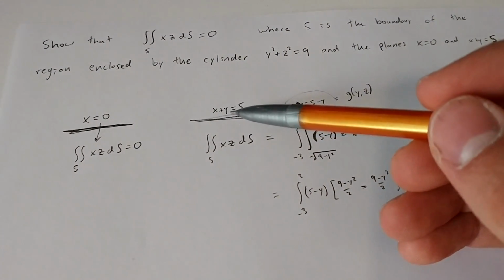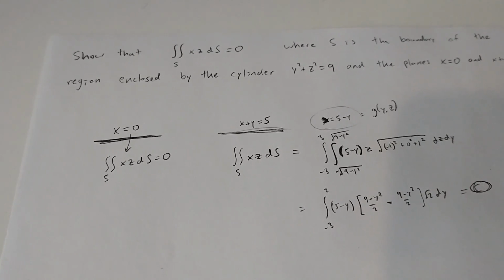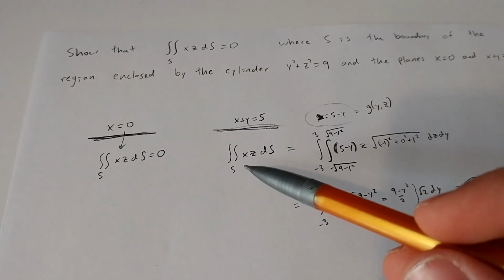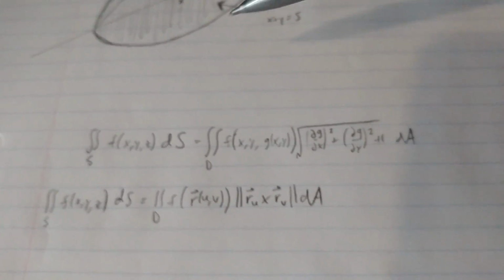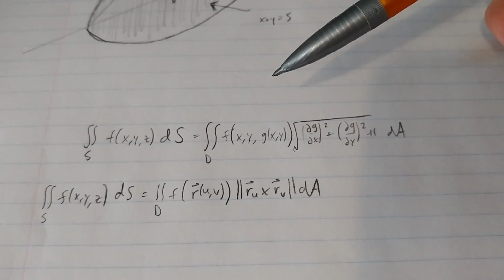And then let's do the next part. x plus y equals 5, the top part of the cylinder, the plane that cuts off the cylinder. So there are two different equations you can use to evaluate surface integrals.